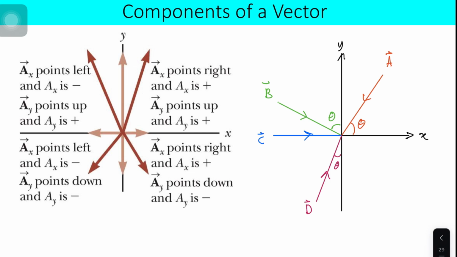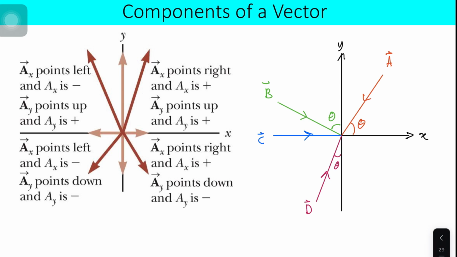Right. Now, how about if the direction for the vector is in the opposite direction, like this? For this one, all of them start from the origin, pointing outward, away from the origin. How about if the vector is pointing towards the origin?